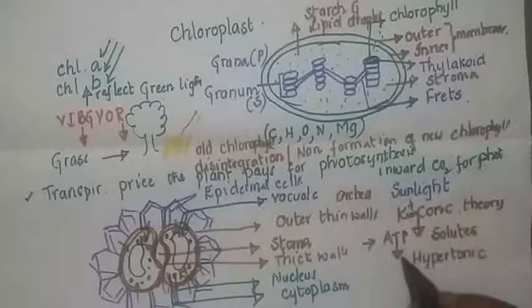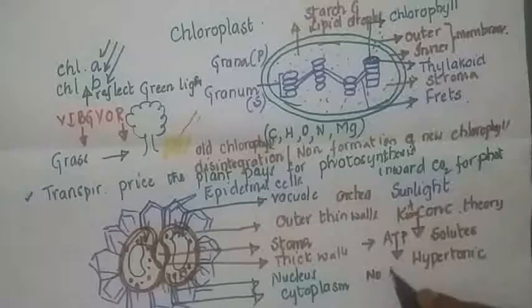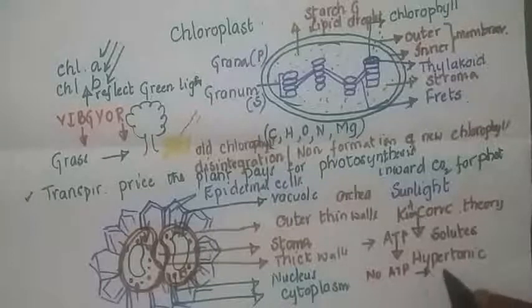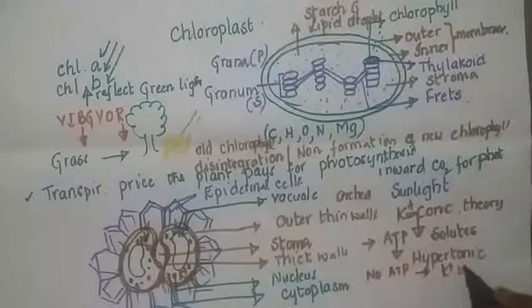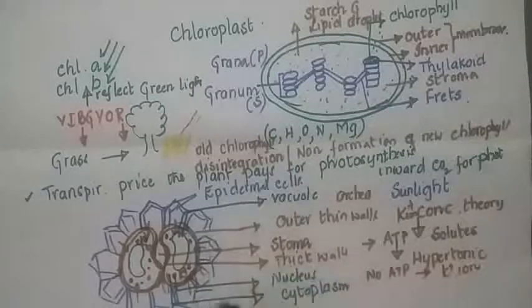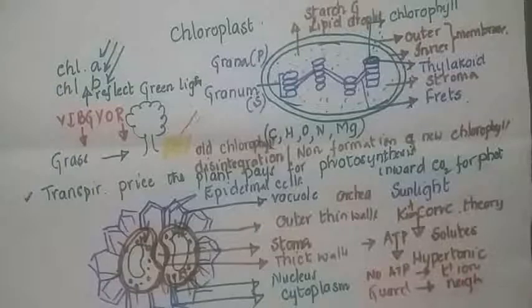Hence there is no synthesis of ATP, so no ATP production, and since there is no ATP formation, the potassium ions move from the guard cells into the surrounding neighboring cells.